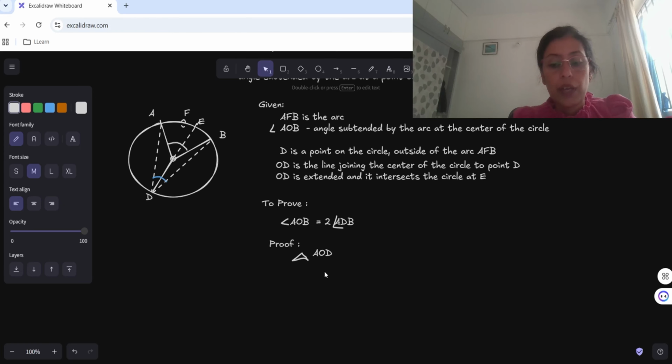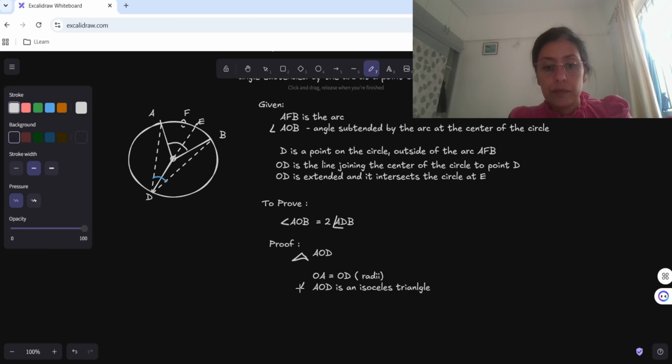In triangle AOD, OA is equal to OD because they both are radii of the circle, right? So this triangle AOD is an isosceles triangle.